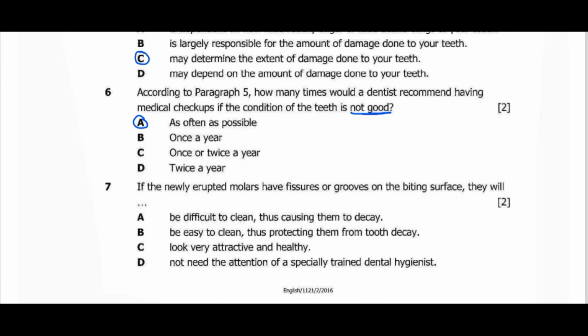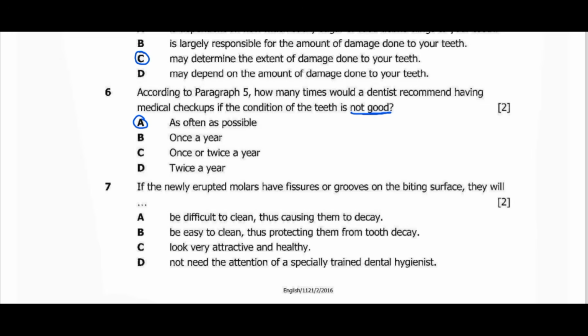So as often as possible, because we are looking at if the condition is not good. If you know that the condition is not good, you can't just go there once. You need to go there as many times as possible, as long as you are satisfied with the condition of the teeth.